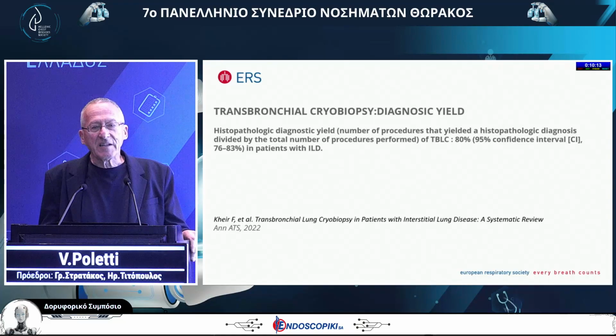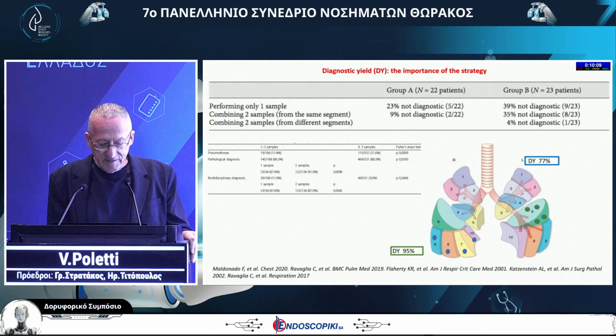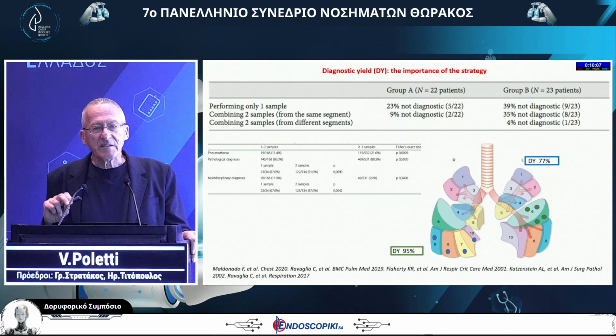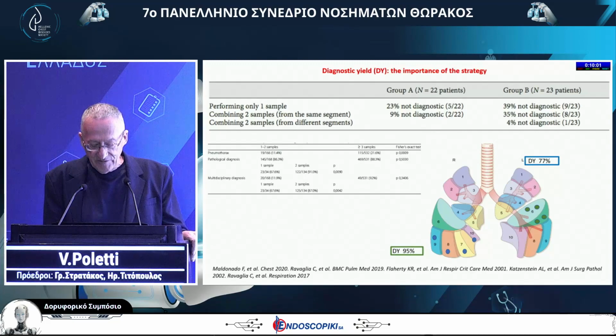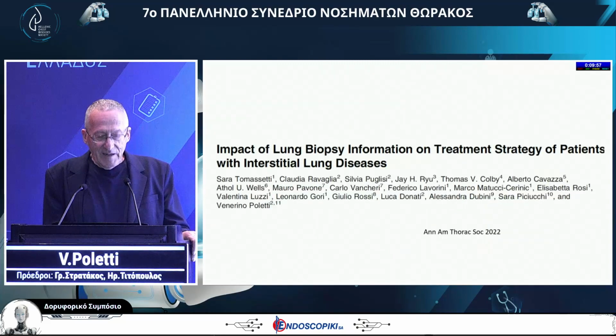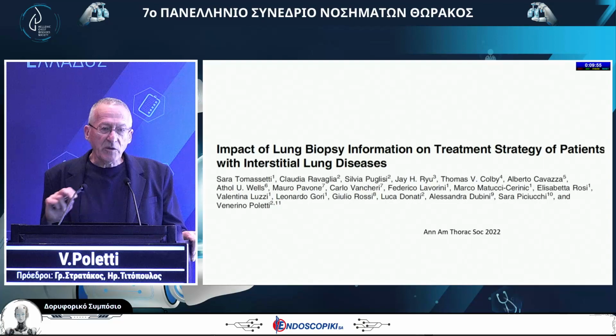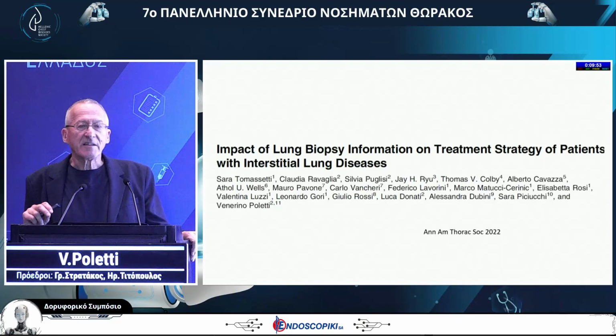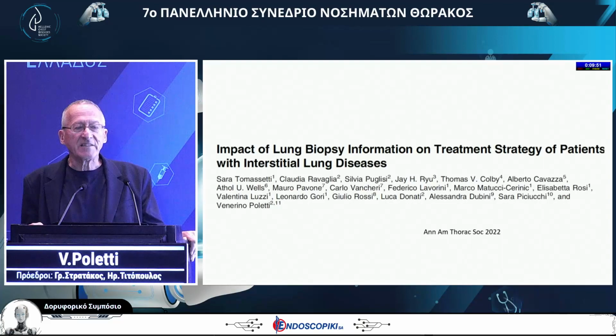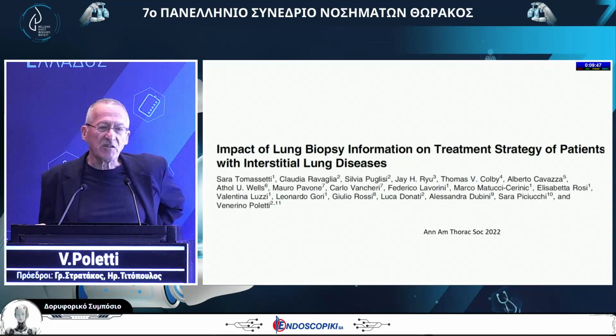The diagnostic yield is around 80% according to this meta-analysis. We know that different strategies are useful, mainly biopsy in different segments or even in different lobes, which can increase the diagnostic yield. And we know that cryobiopsy has an impact on the treatment strategy in this group of patients.